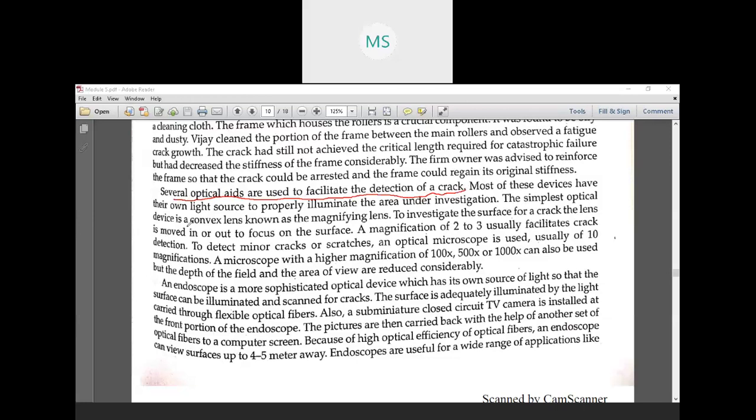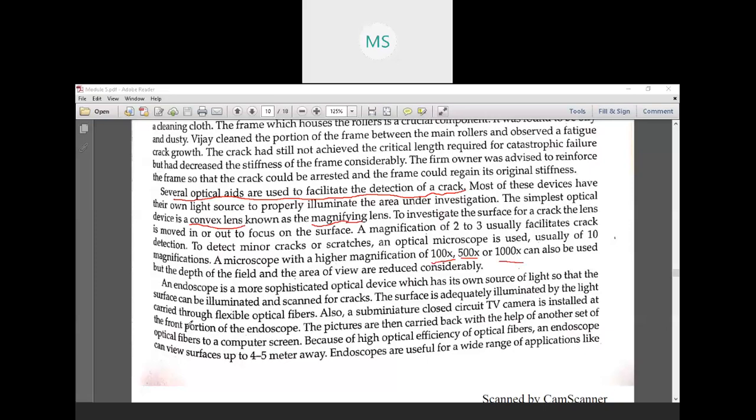So normally we use the convex lenses to see it clearly or to magnify the things. Okay, so this is again visual inspection only. So it keeps on magnifying by 100 times, 500 times, or 1000 times, depending upon the requirement or the seriousness of the depth or the crack on the surface or in the system or in the specimen.